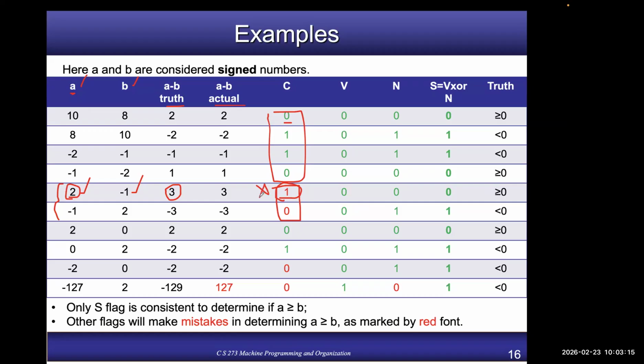So the point here is that sometimes the carry flag will give you correct information, and sometimes it will give you incorrect information when you are treating numbers as signed numbers, right?